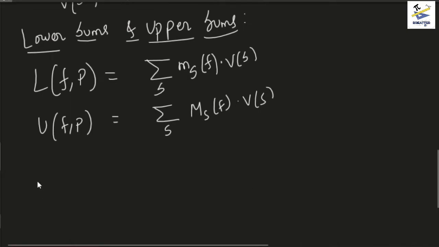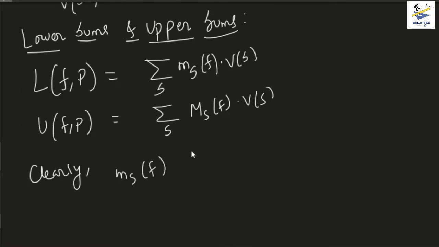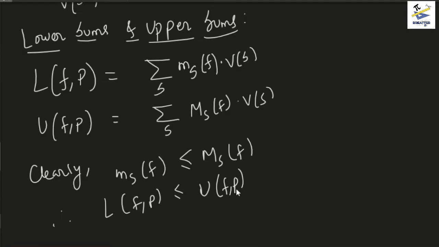And clearly, small m_S of f is less than or equal to capital M_S of f, because this is the infimum and this is the supremum. Therefore L of f, P is less than or equal to U of f, P, right?